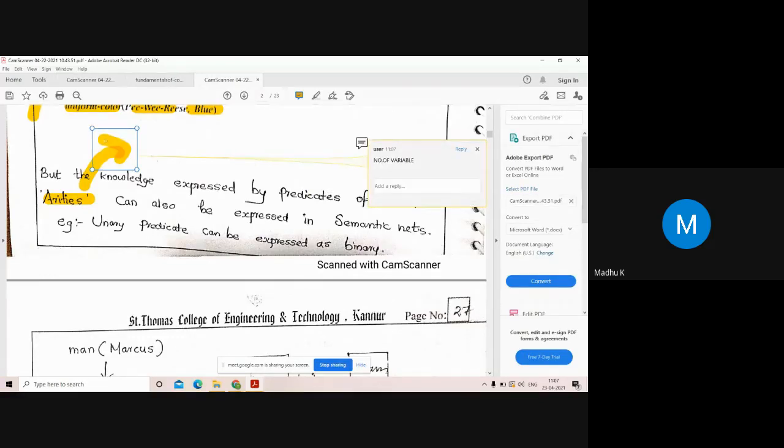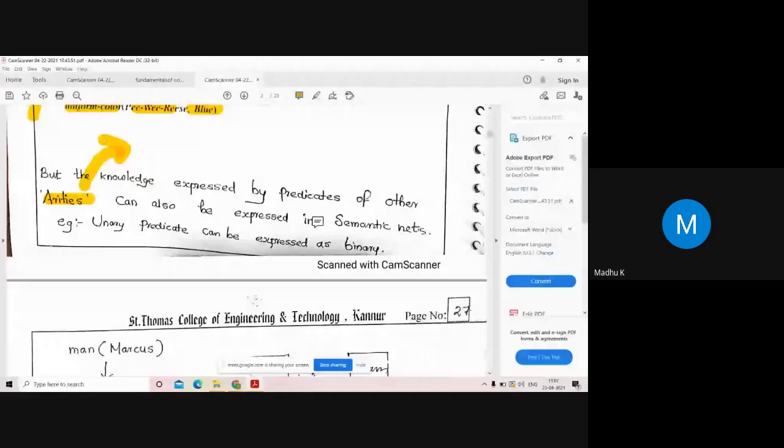Predicates with other numbers of variables can also be expressed in a semantic network. So naturally, a semantic network is suitable for binary predicates, but predicates of other arity can also be expressed.